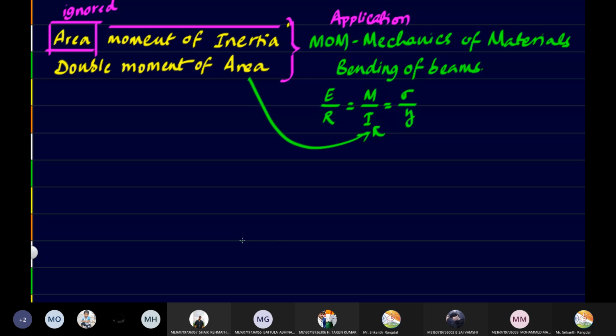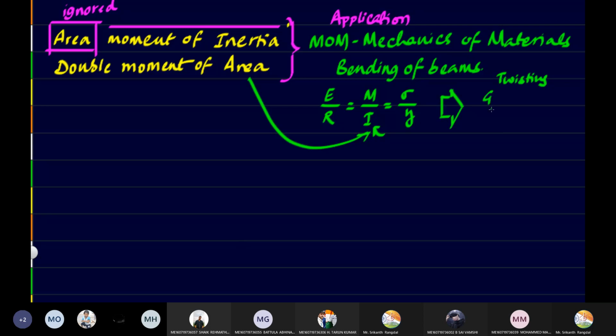So in bending of beams, we use this, and polar moment of inertia. If you are talking about polar moment of inertia, the same equation applies. This is for bending. If you write the equation for twisting, instead of E, what do we get? E is the Young's modulus, right? So in twisting, we need rigidity modulus.